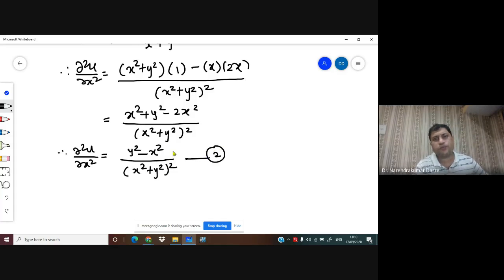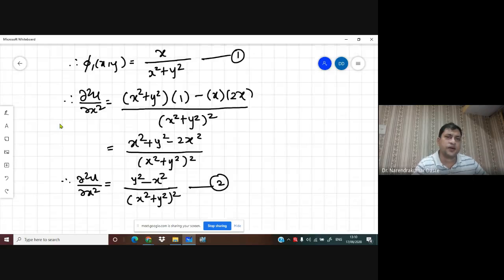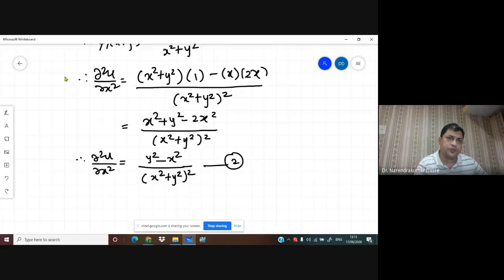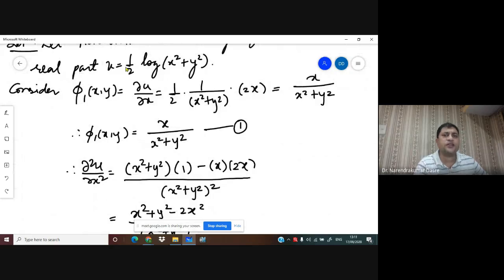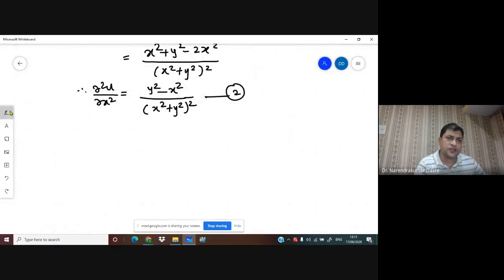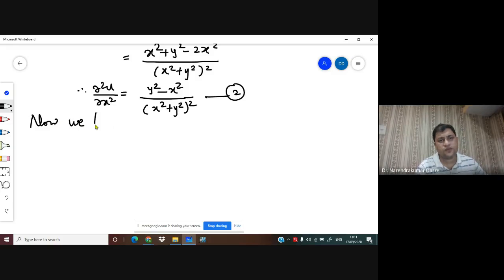That is equation 2. Okay, so we got the first order derivative with respect to x, and the second order derivative. Now we have to consider the derivative of this given function u with respect to y. So let us see the derivative of this function with respect to y. Now we have phi2 of xy is equal to del u by del y.